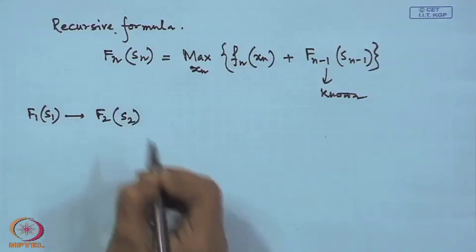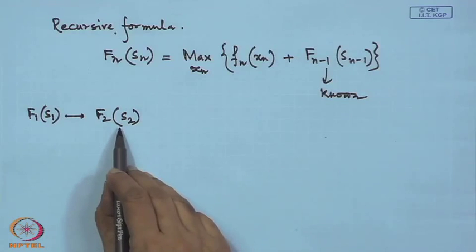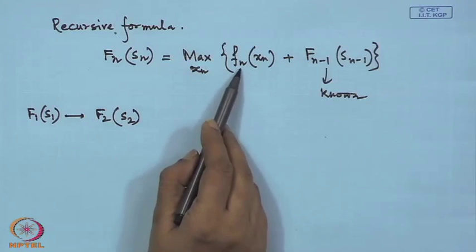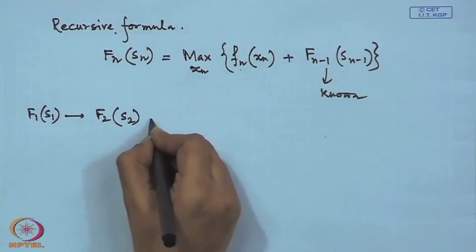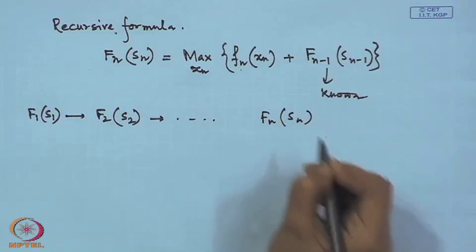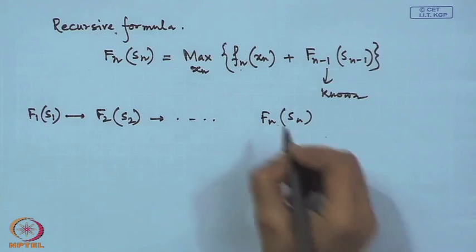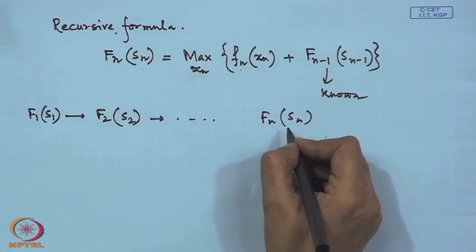That means we are doing the forward recursive process. f2 s2 again would be the maximum of f2 x2 plus f1 s1. In this way we will move to fn sn, and this is the final result. Whatever optimal we are achieving here, that is the optimal solution for the whole problem.